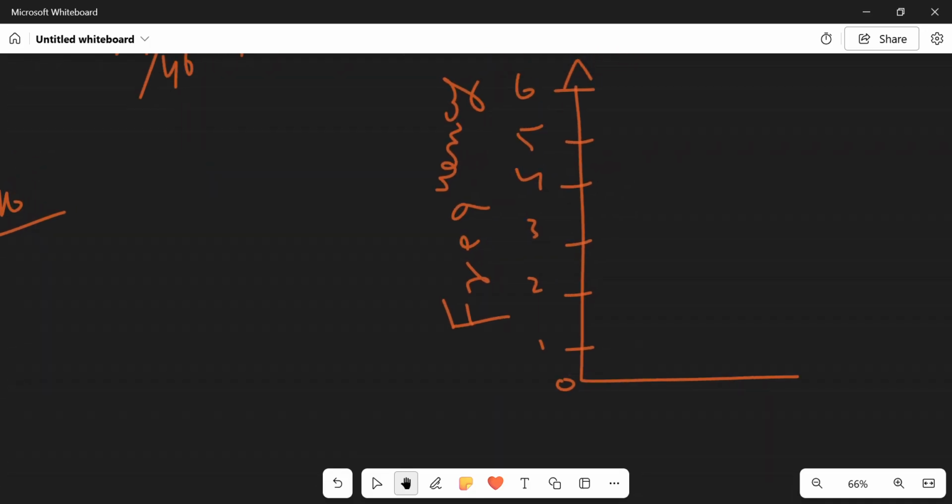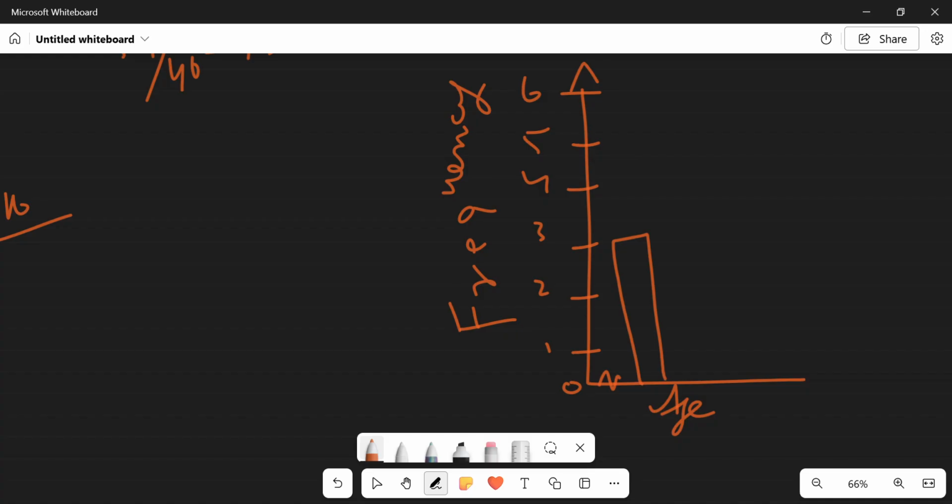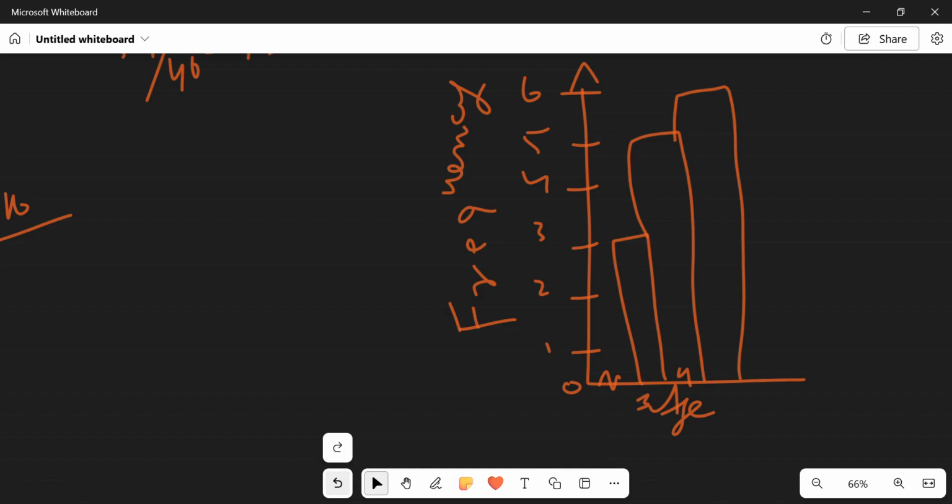And horizontally it's age, so that is X. Sorry, bear with me, the bars are not straight. The age starts from 3, then 4, then 5.